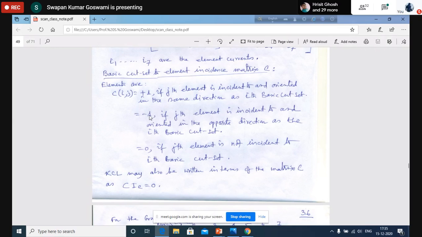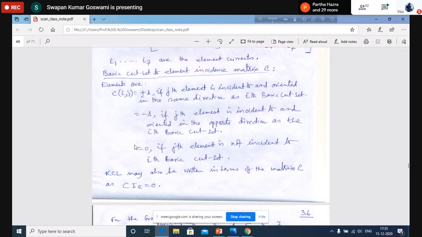It will be -1 if jth element is incident to and oriented in the opposite direction as the ith basic cut set. That means if jth element is a part of the cut set and direction of jth element and direction of the cut set are opposite, then it will be -1. And it will be 0 if jth element is not incident to the ith basic cut set, means jth element is not a part of the basic cut set. Then it will be 0.